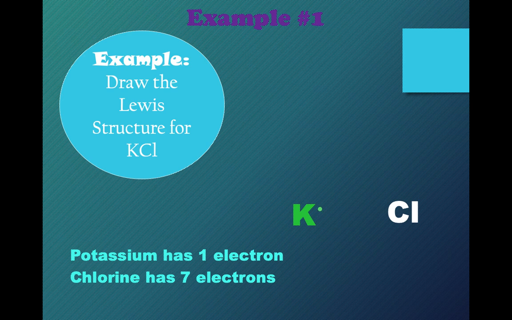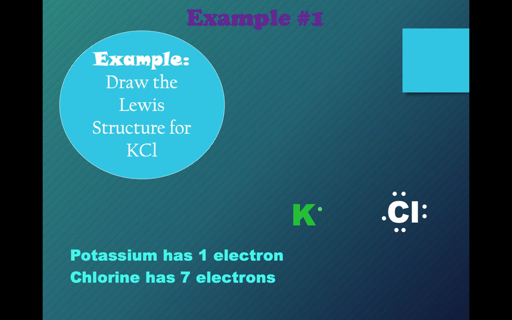Potassium just has the 1, and for chlorine, we put 1 dot on a side until every side has 1, and we end up with our 7 dots. You can see how this 1 electron from potassium has a perfect little spot to go.